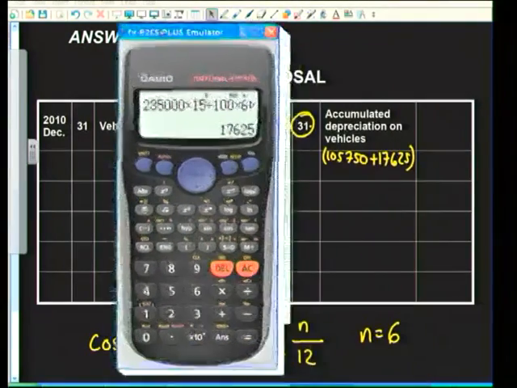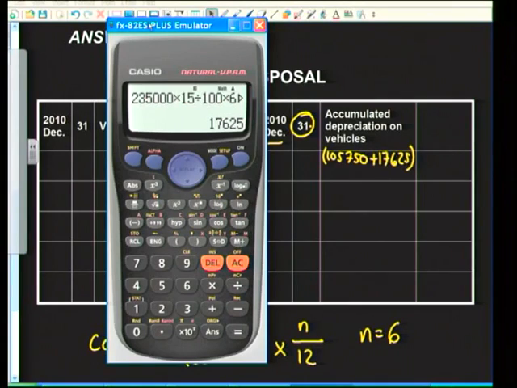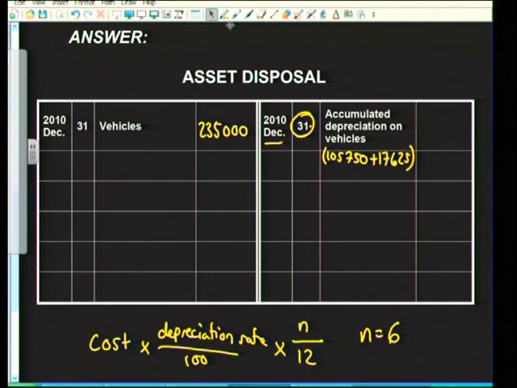We'll take our 17,625, which is still in my calculator, and I will add the 105,750, and that gives me the total accumulated depreciation of 123,375. And that's the answer that we're going to write in the credit column of this ledger account. 123,375.